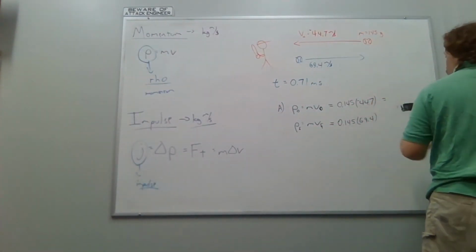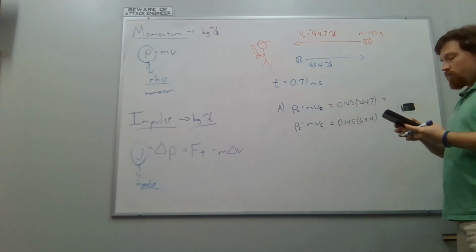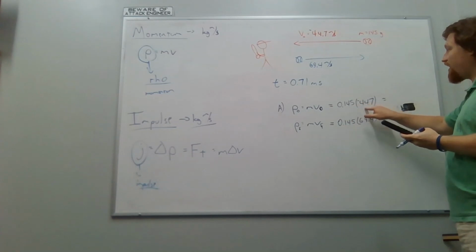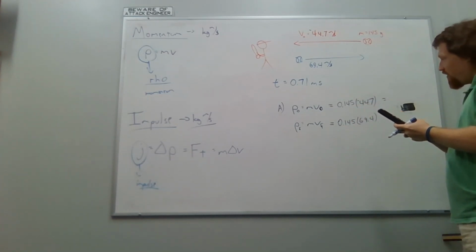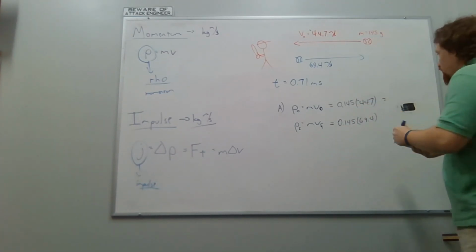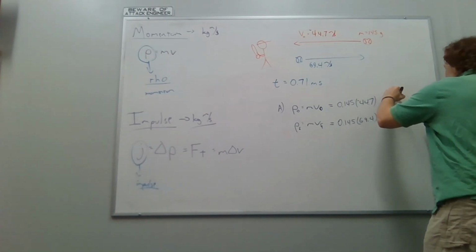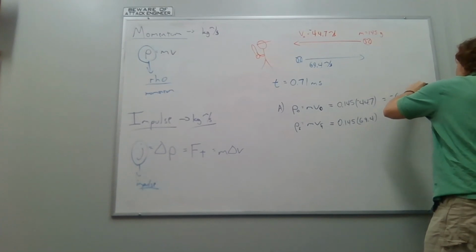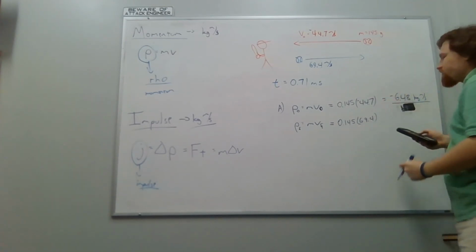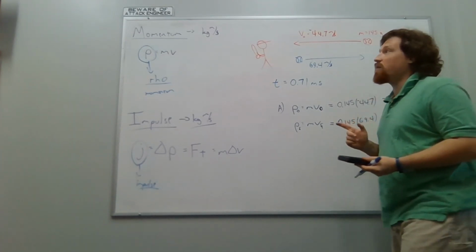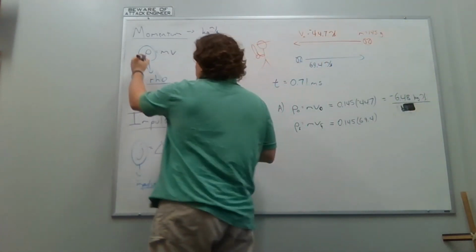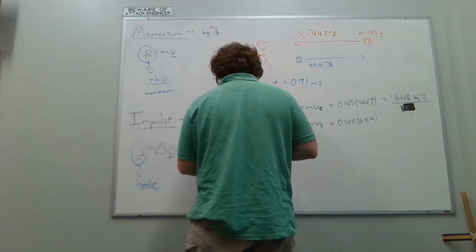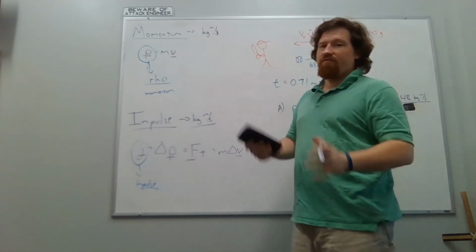Therefore, when we finish solving for the initial momentum of the ball, so 0.145 times negative 44.7, the ball had an initial momentum of negative 6.48 kilogram meters per second. The negative here implies direction, because momentum and impulse are actually both vectors.